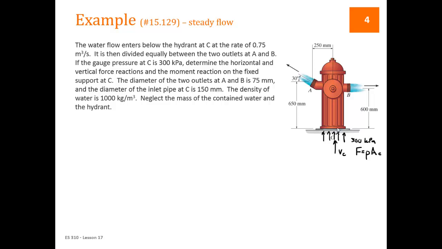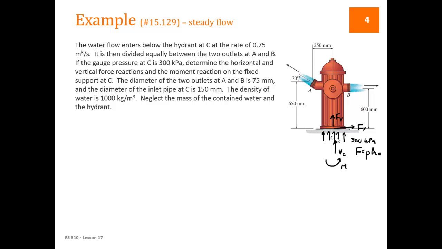So I'm actually going to draw them in the positive directions. We've got some force Y, we've got some force X, and we've got some moment M, all at C. And those are the three unknowns that we're looking to define through this problem.